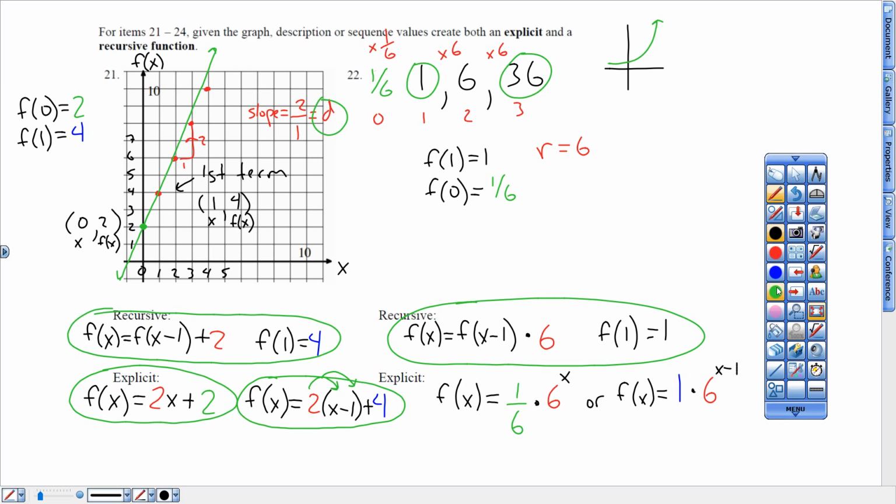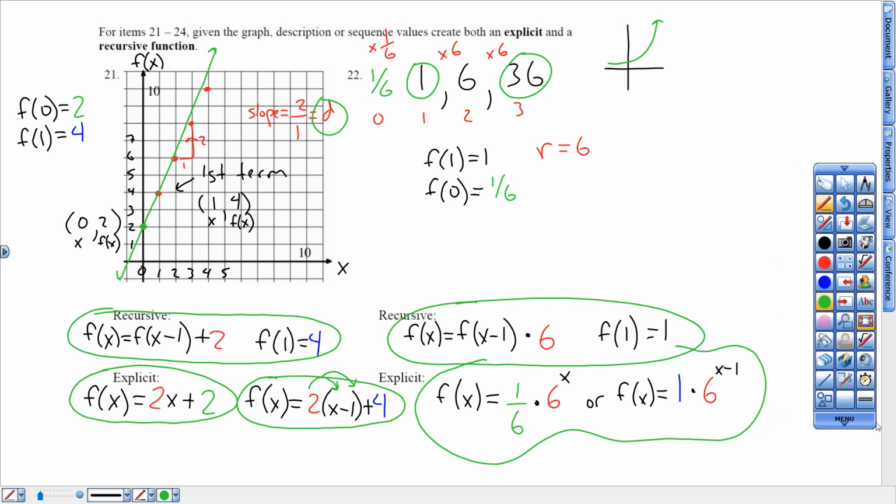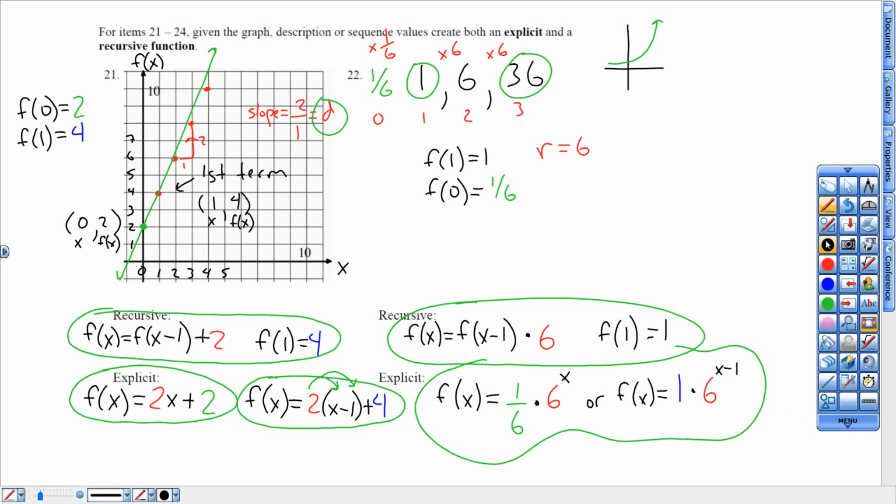And we're going to practice using these formulas more next week. But on test day, you just got to list them. For explicit, I'm not going to write the first term. That's always going to be just for recursive.